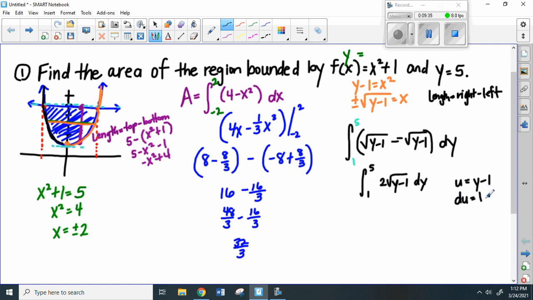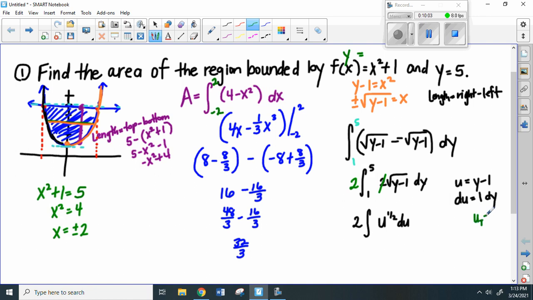Du would be 1 dy, since the variable is y, which means the 2 is extra. But that's a constant. I can factor that to the front, okay? So this becomes 2 times the integral of u to the 1/2 du, but I also have to change my bounds because I used u substitution.